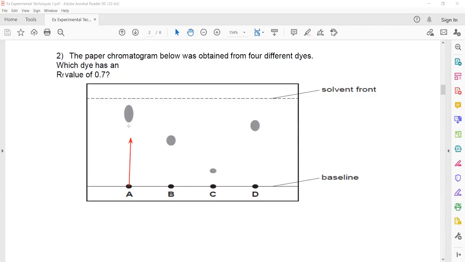From the origin till the center of the spot, we measure this distance. Not to the bottom, not to the top, till the center.